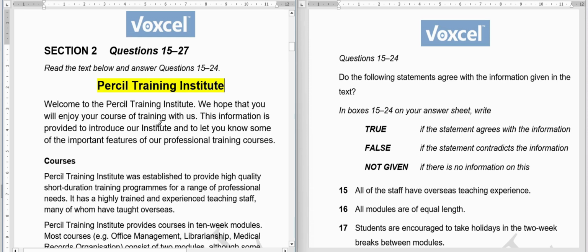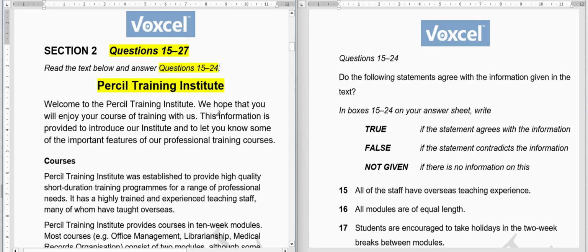So what we're gonna do now is we're not gonna just read the paragraph yet. First we will go to the questions and see what kind of questions we are gonna deal with, and then we will see what's the best strategy for this. So this section contains 15 to 27 questions, and for this particular passage or text we have questions 15 to 24.